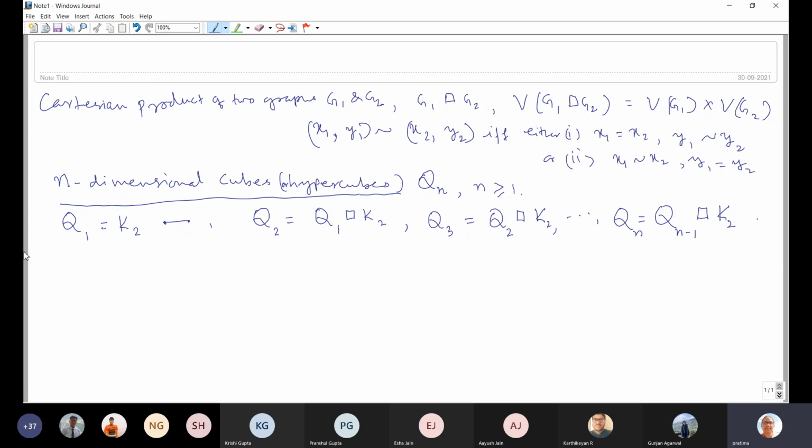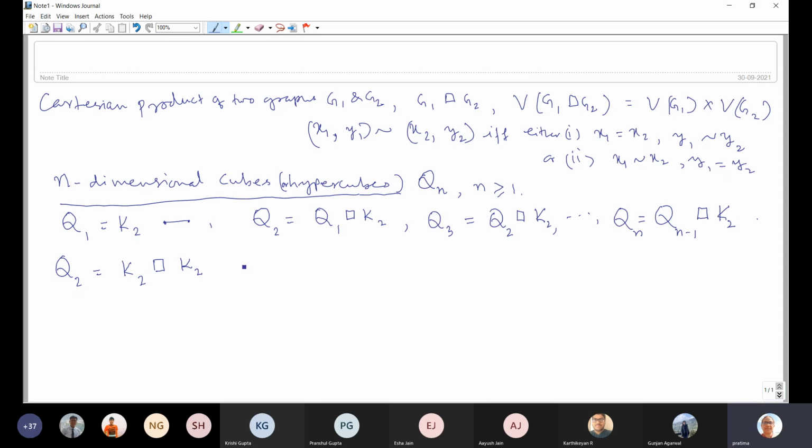Look, Q1 is simply K2. So what is Q2, how will it look? Q1 is K2 only, so it is K2 with K2, the Cartesian product. What do you get?